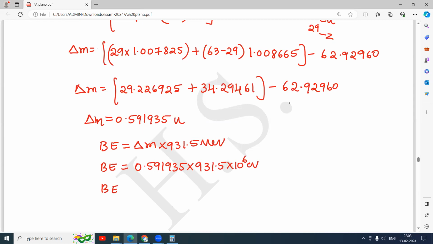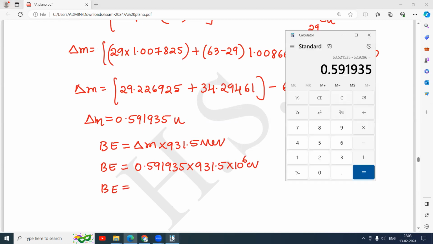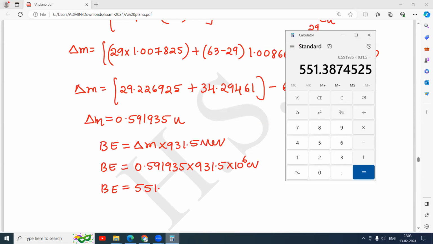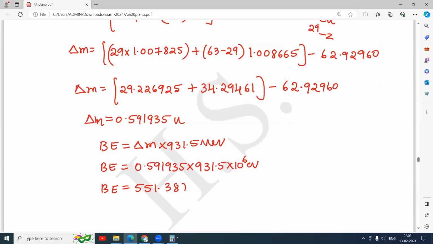Just multiply this number by 931.5, and that comes to 551.387 into 10 to the power 6 electron volt. This is the binding energy of one copper atom.